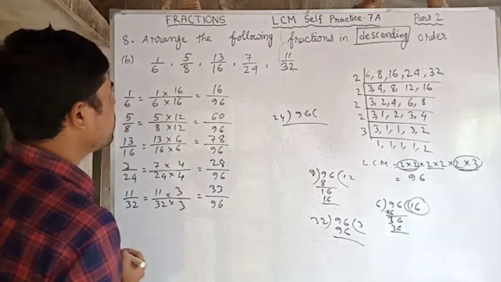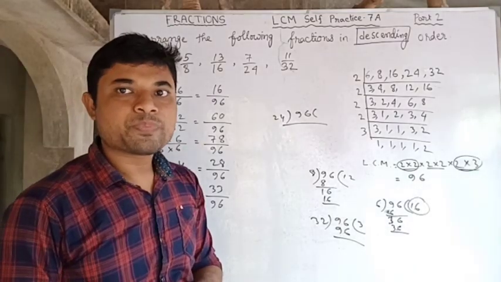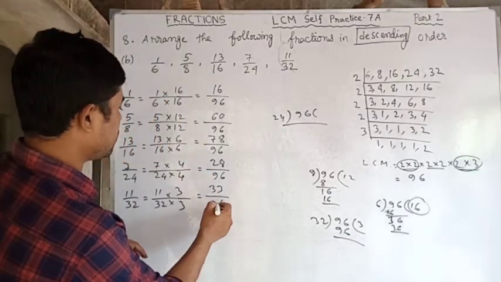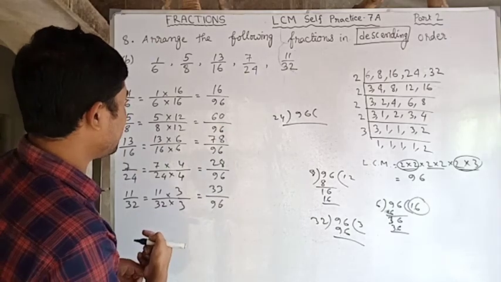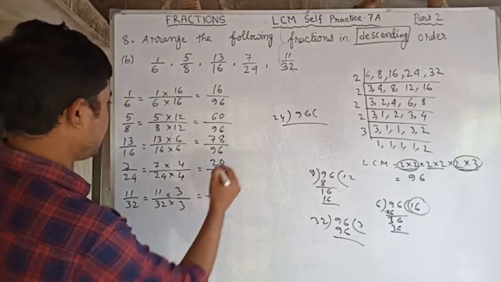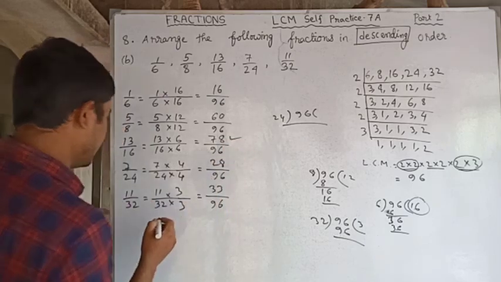Now descending order, that means which is the largest? Look, the denominators are the same, so the larger numerator is larger. Where is the larger numerator? 78.